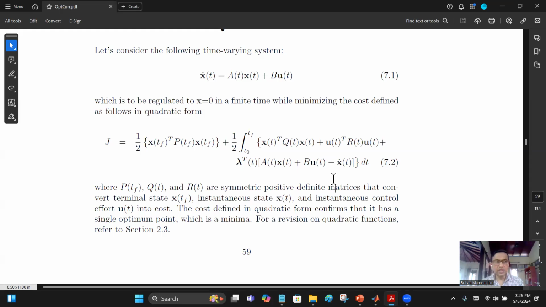We are not free to change any state freely, disregarding other state variables. They're all connected through the dynamics of equation 7.1. 7.1 says how things are connected. So this is a connected system, not free variables.